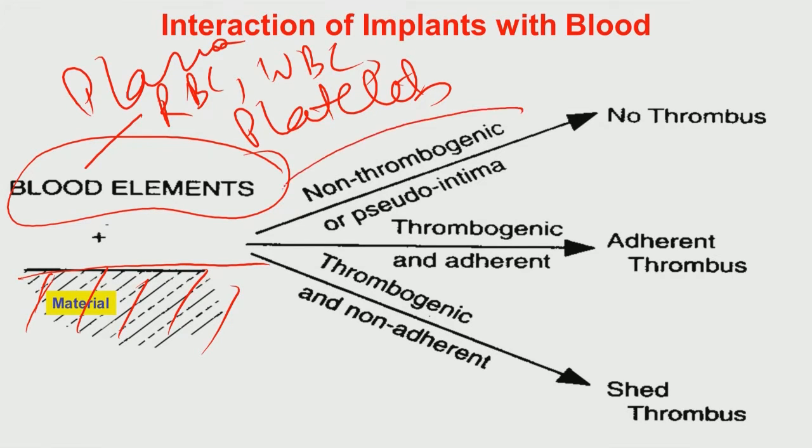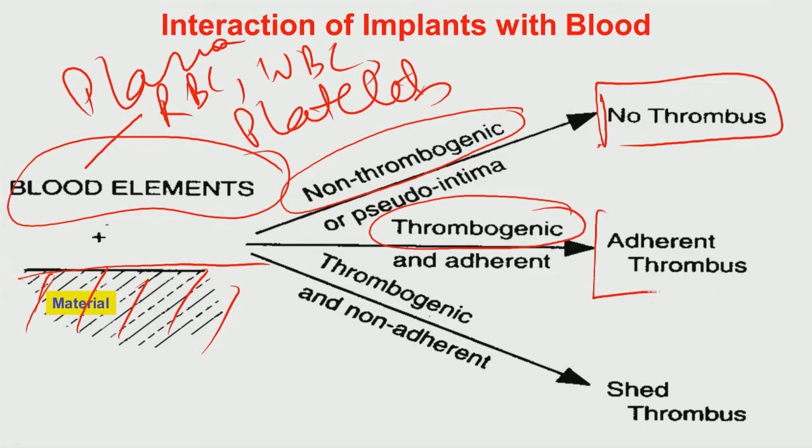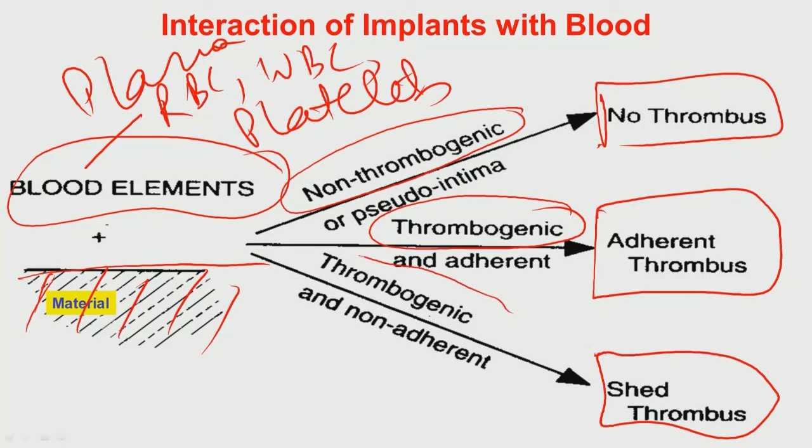One is that this material can be non-thrombogenic in nature, that means there will be no thrombus formation. Second, the material can be thrombogenic in nature, so it can have adherent thrombus. And third, the material is thrombogenic and non-adherent, that means a thrombus will form, but it will be shredded away.